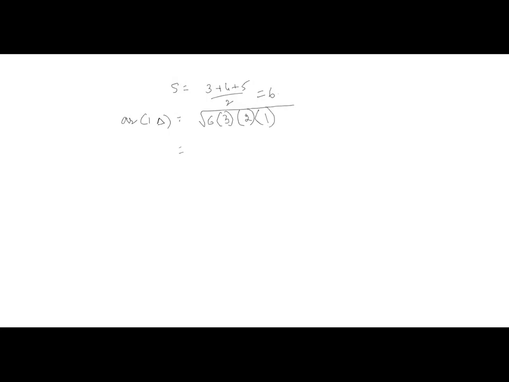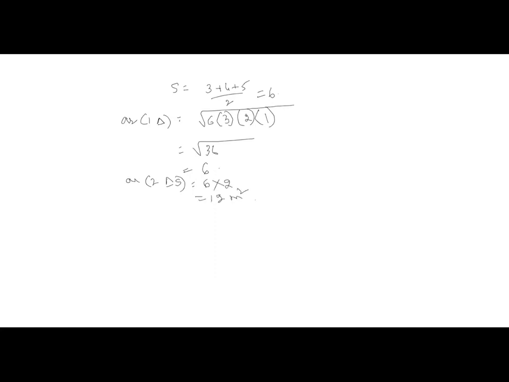So that will be the square root of 36, 6 meters square, ma'am. What is the area of two triangles now? 12 meters square, ma'am. 2 into 6, 12 meters square.